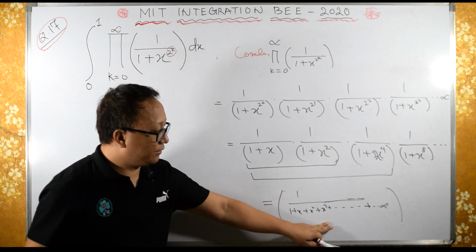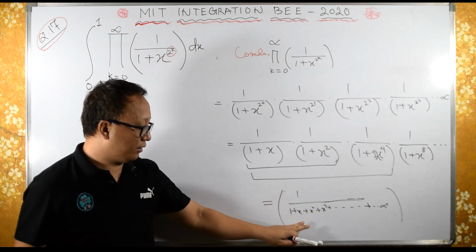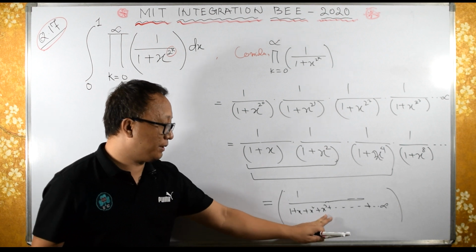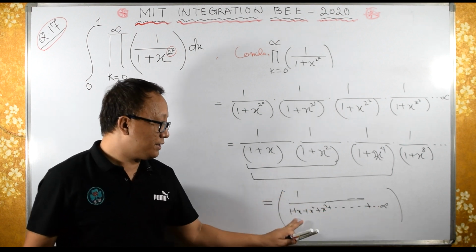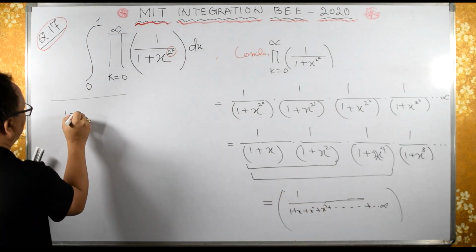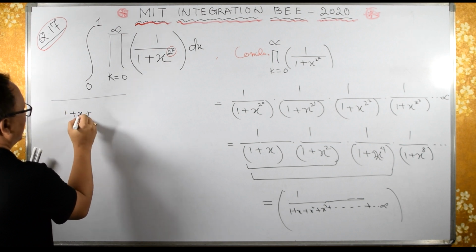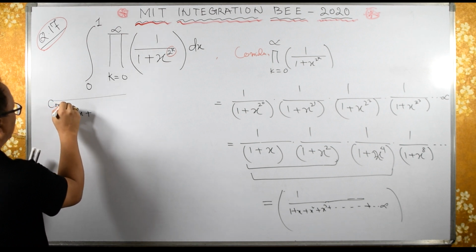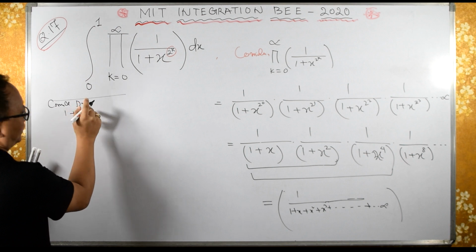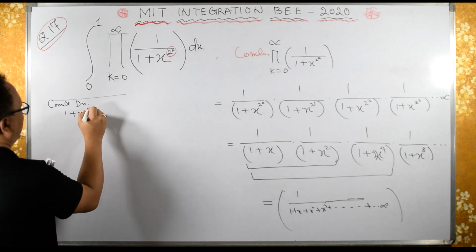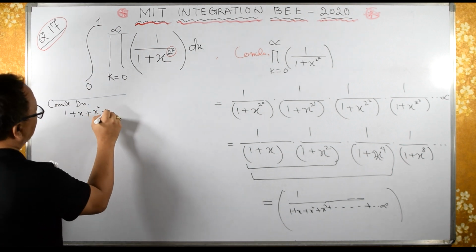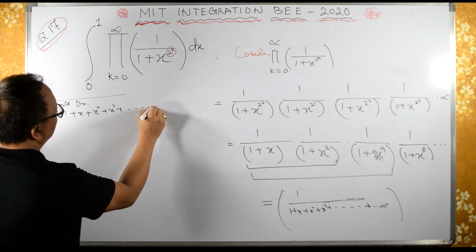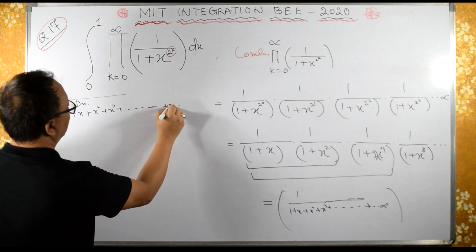Now let's consider only this denominator. What is its sum? What is 1 plus x plus x square plus x cube up to infinity? What is the sum of this?